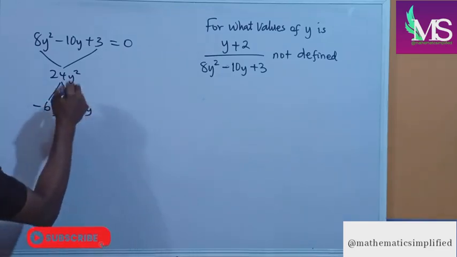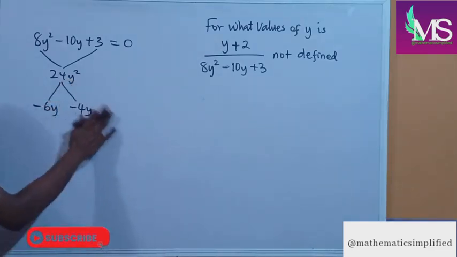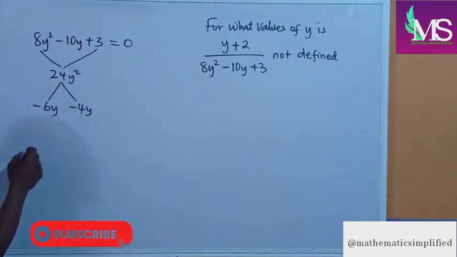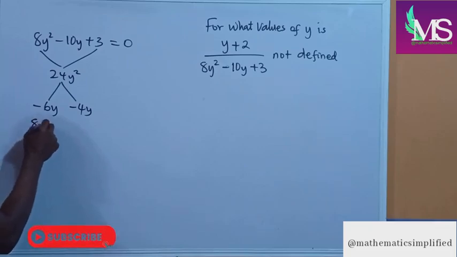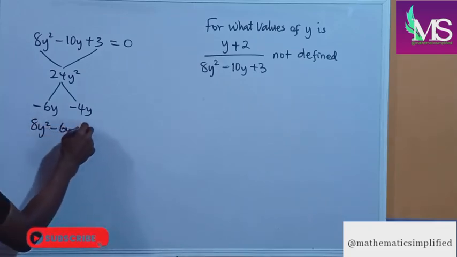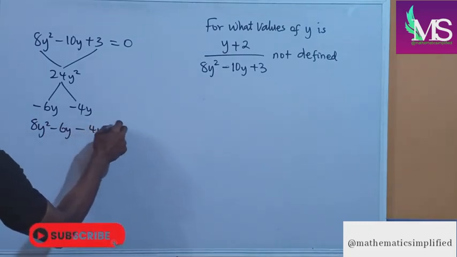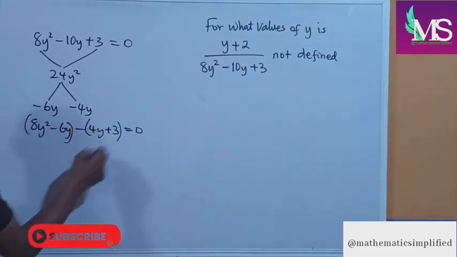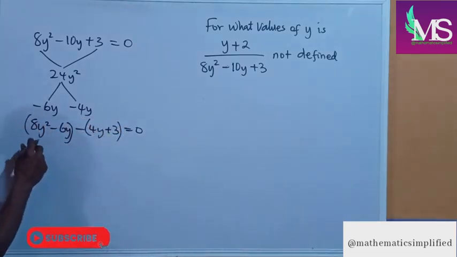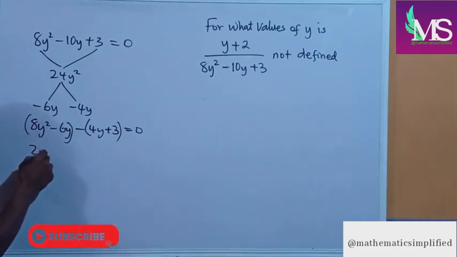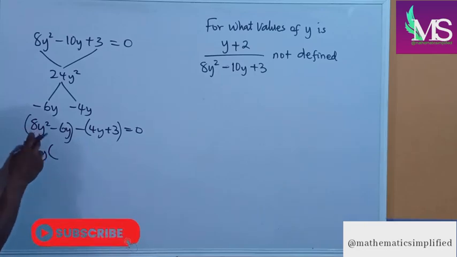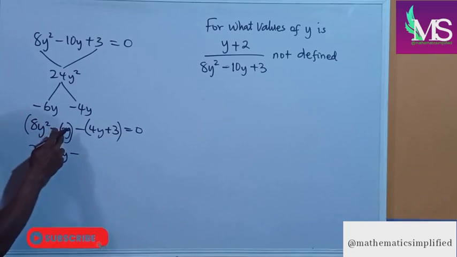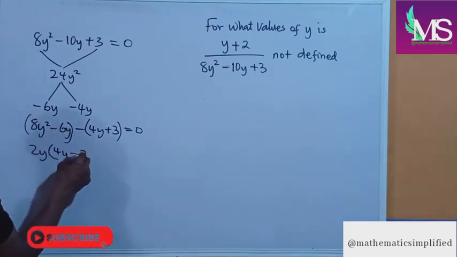So this would work. Substituting this for 10y, this becomes 8y squared minus 6y minus 4y plus 3 equals 0. We group these two together. What's common here is 2y. If we remove 2y from 8y, we have 4y, and from 6y, we have 3.